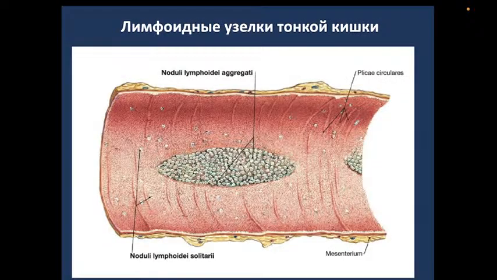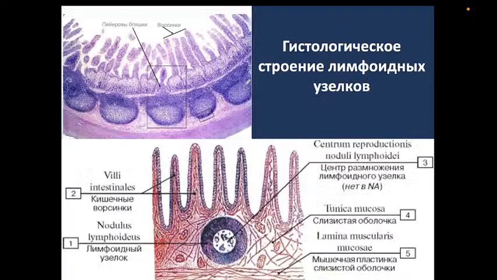Gut-associated lymphoid tissue we find in the enteron or intestinum tenue, which has solitary small lymphoid noduli, but sometimes they are combined together, and this combination is called noduli lymphoid aggregate.